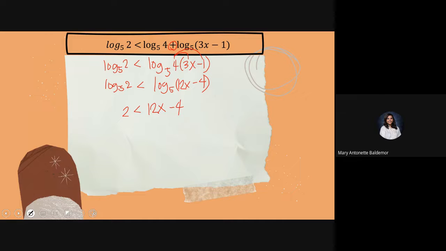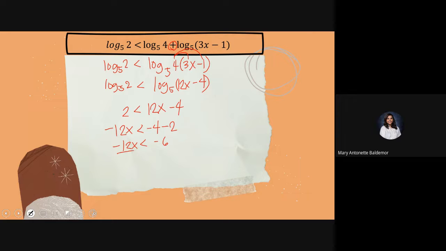Solving for x, we can transpose or combine similar terms. So we have negative 12x less than transpose 2, which is negative 2. So this becomes negative 12x less than negative 6.